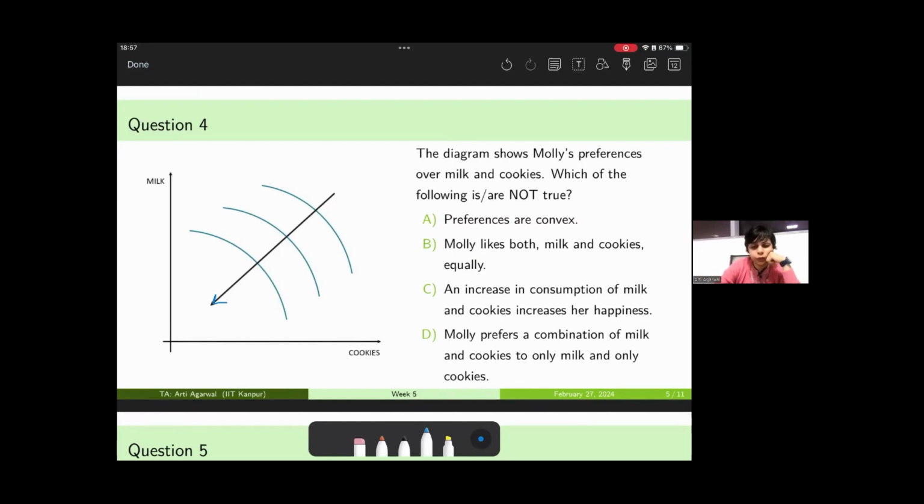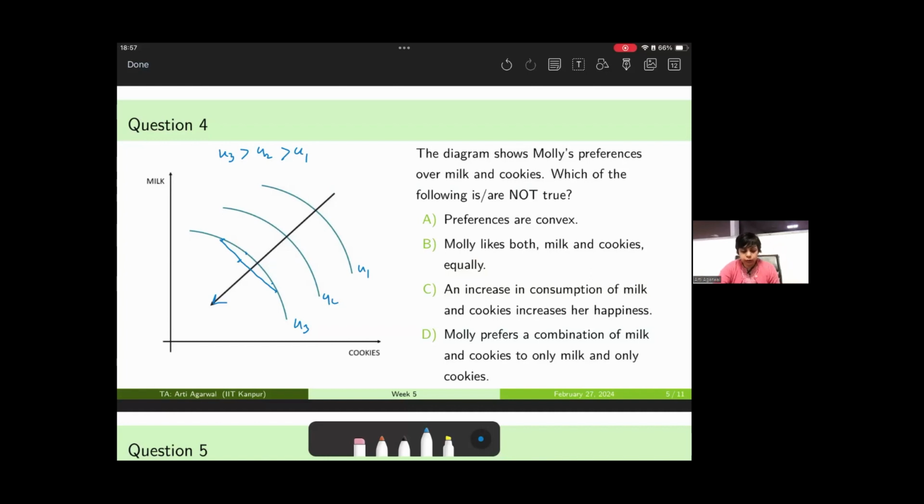I said that the arrow was showing the direction in which your utility is increasing. Now suppose this is U3, this is U2, this is U1, then U3 is greater than U2 is greater than U1. So what is happening? If I take this point and this point on this curve and draw a line, then the utility here is more than the utility at this point.